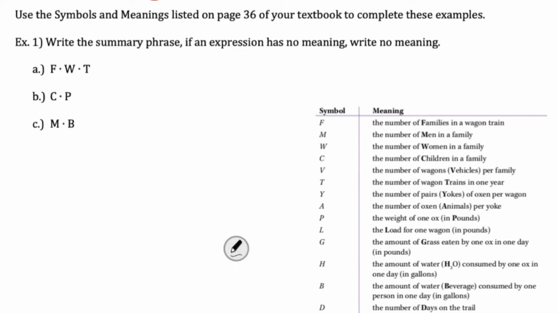So I like to write each variable kind of as a fraction in what it is. So F is the families in a wagon train. So families per train. And then we have W, which is the women in a family.